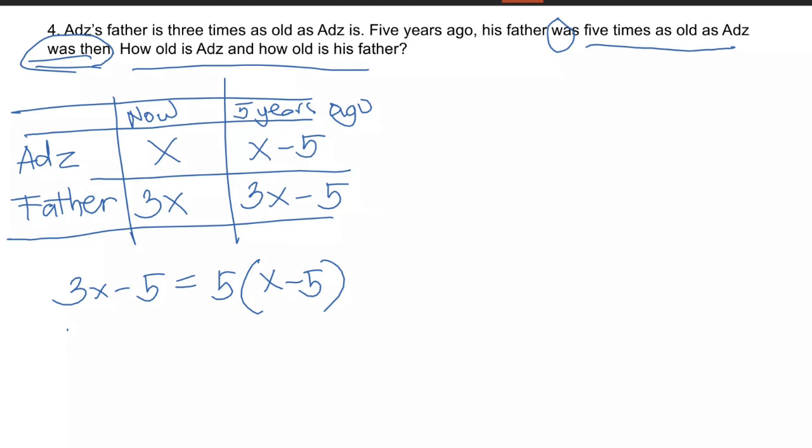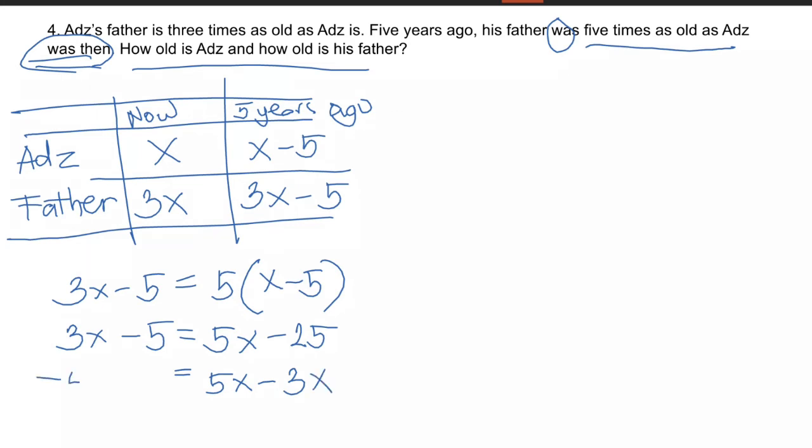So what we're going to do here is solve for x for us to identify the ages of Ads and his father. So let's solve. We have 3x minus 5 is equal to 5x minus 25. And then let's isolate the x. So we will have 5x minus 3x is equal to negative 5 plus 25.